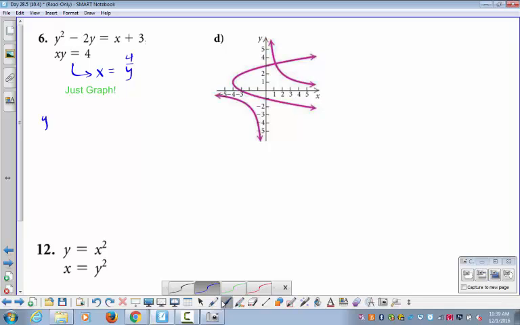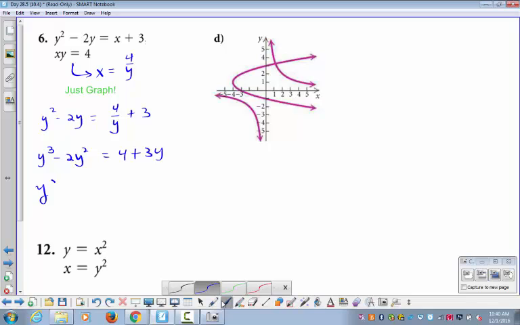Plug it in. We have y squared minus 2y equals 4 divided by y plus 3. We have to clear the fractions, so we multiply everything by y. We get y cubed minus 2y squared equals 4 plus 3y.